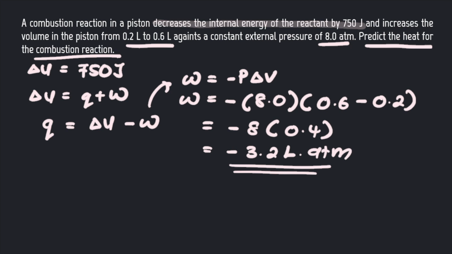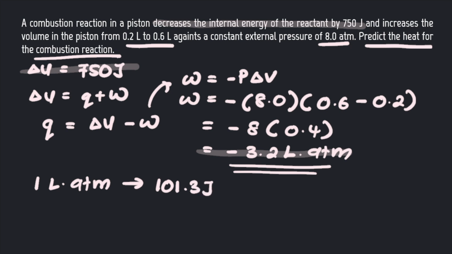Okay. Alright, so now we have to check again. Your delta U is in joule, but here your W is in liter atm. So what we have to do now is we need to convert this into joule. So you need to remember that 1 liter atm, the conversion is 101.3 joule.